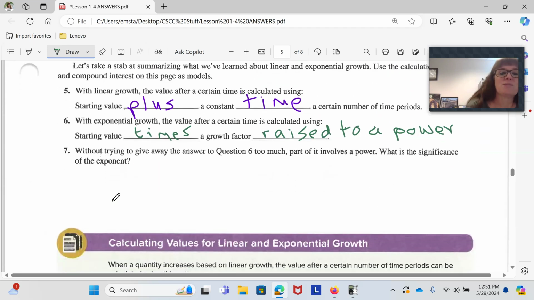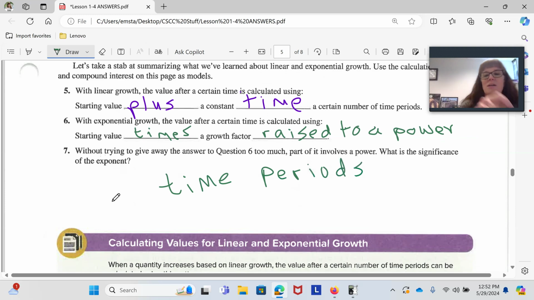So our exponent is going to be the number of time periods. Most of what we will do in this class, if not all, will be yearly. But as you move on to other classes, you may learn about compounding quarterly, compounding monthly, that kind of stuff. So you are counting time periods. It's a more general definition.